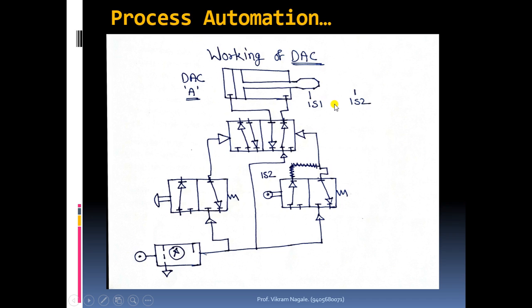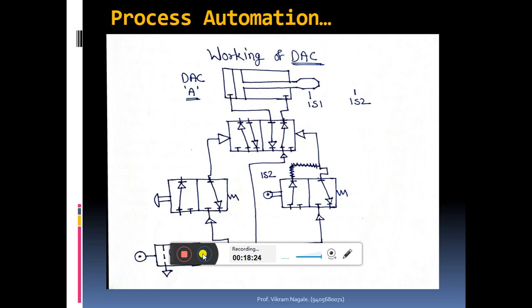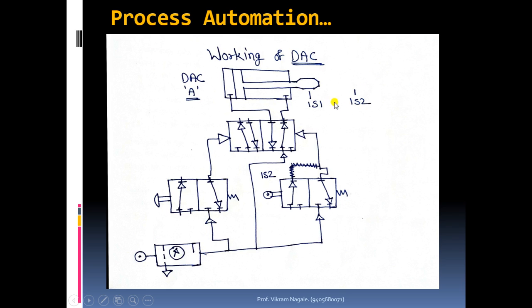So here we are placing this limit switch 1s2, which will take care of that. It will just check whether this rod end is at this position or not. If the rod end is at this position, obviously the cylinder has completed its 100% stroke.